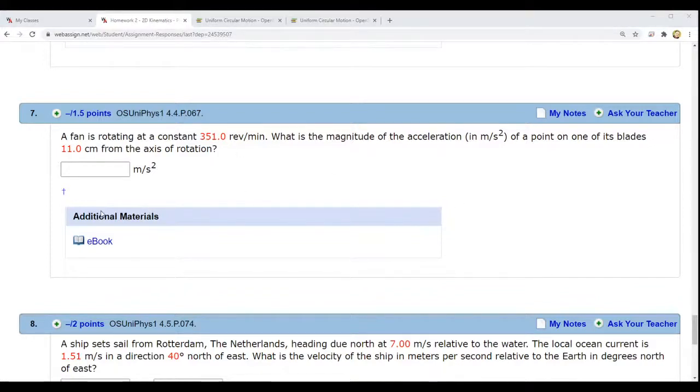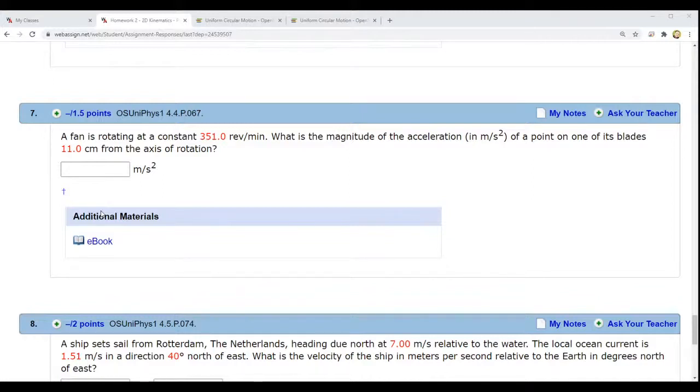All right, a fan is rotating at a constant 351 revolutions per minute. What is the magnitude of the acceleration, in meters per second squared, of a point on one of its blades 11 centimeters from the axis of rotation? There's some new jargon here.